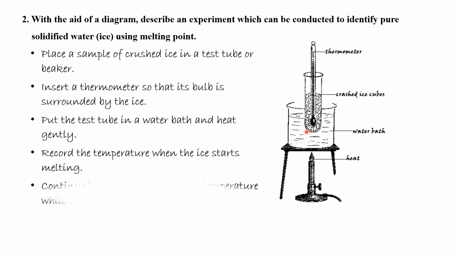Continue heating and observe the temperature while the ice is melting. Remember, you are observing the melting of ice cubes and the temperature at which that is going to happen, which is called melting point.